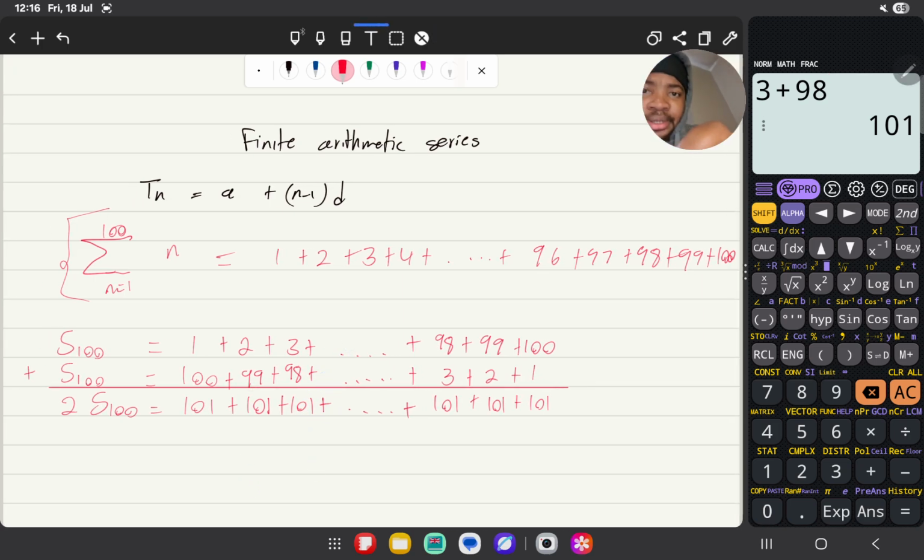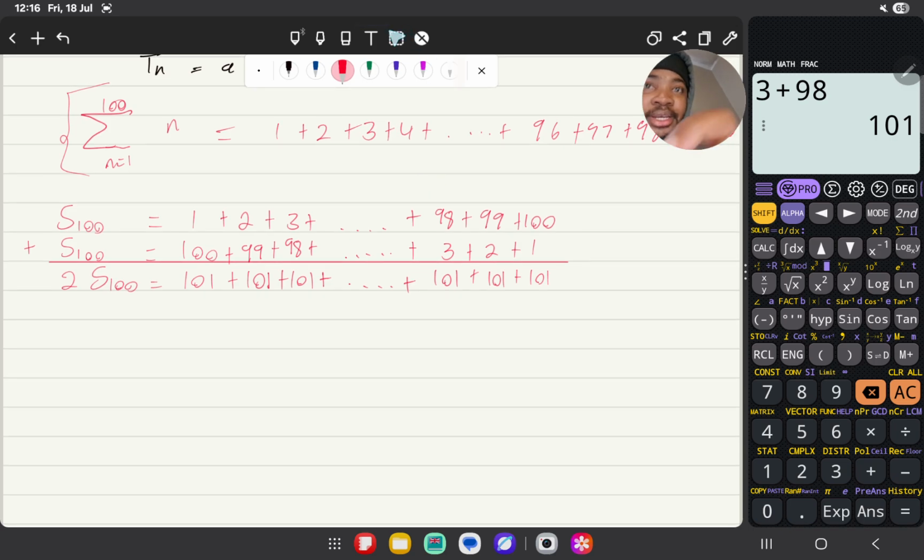So what that is saying is that 2 S100 is going to be 101 multiplied by 100, because we're going to have 100 of these terms.